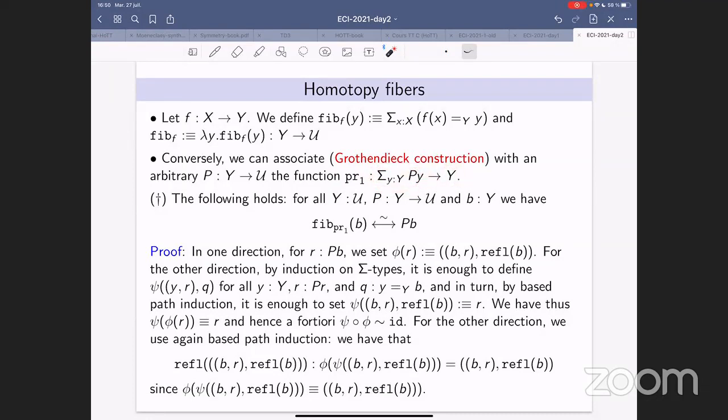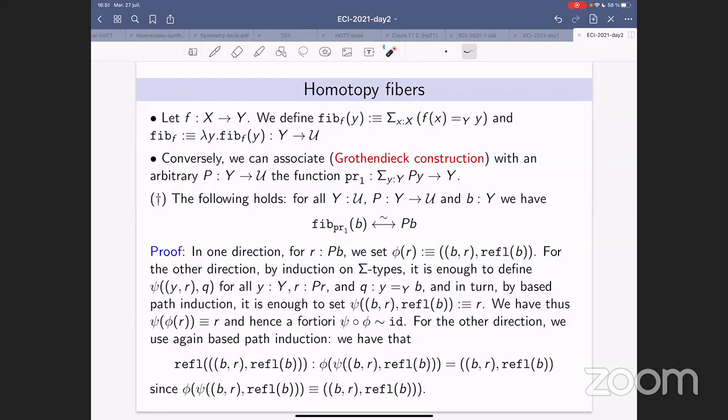Now, conversely, suppose that I have a map to Y from some X. Then I can build a type family from Y to U. So you see that I go really the inverse way. Okay, so how do I do this? By taking fibers.